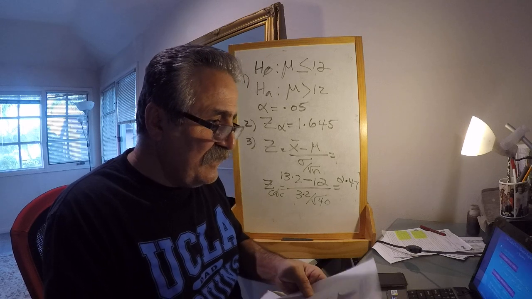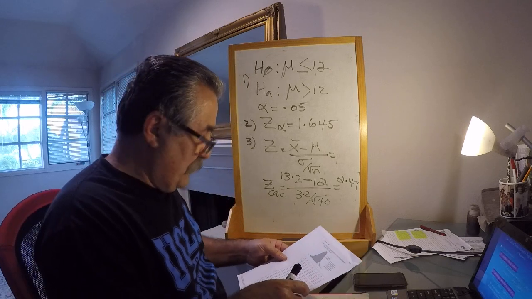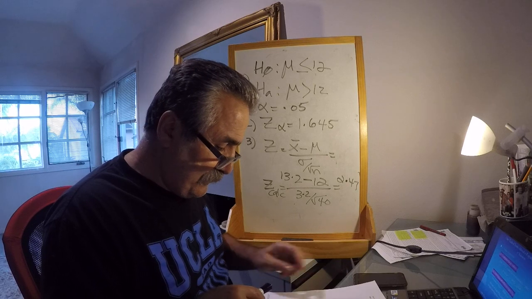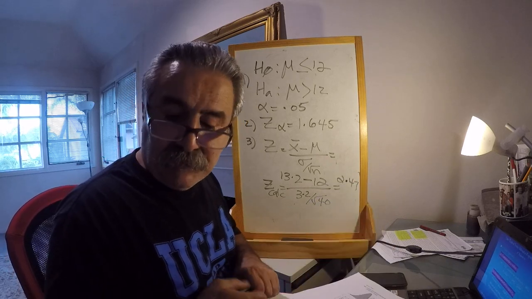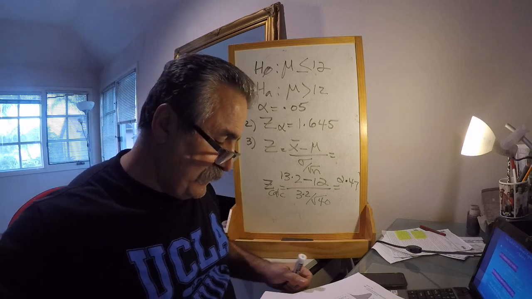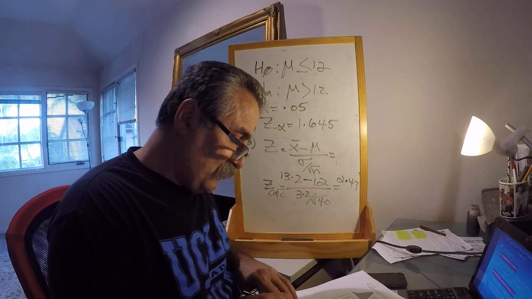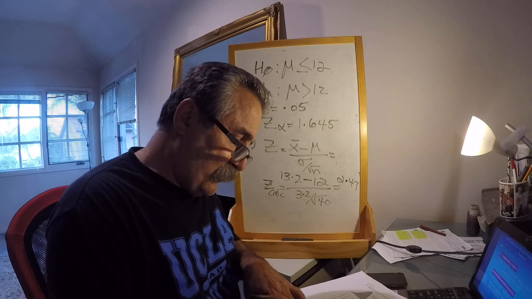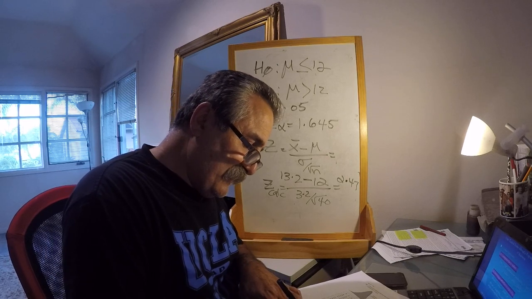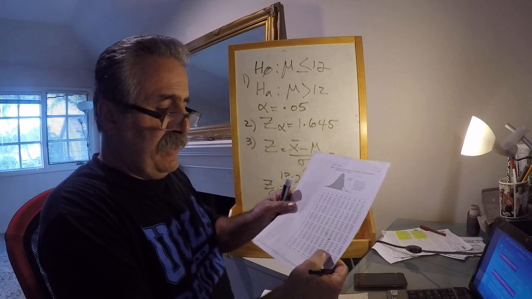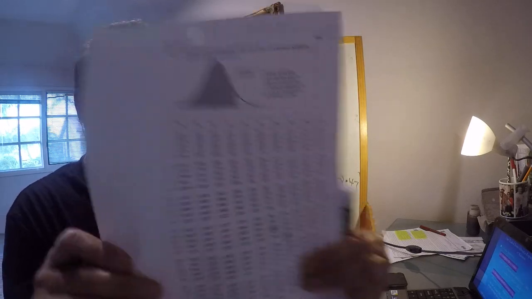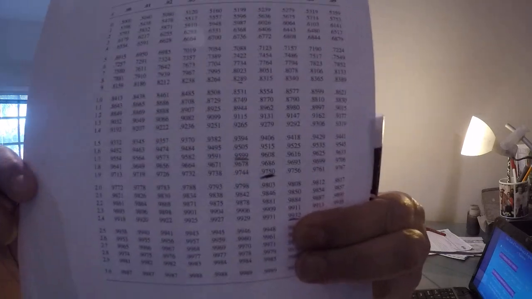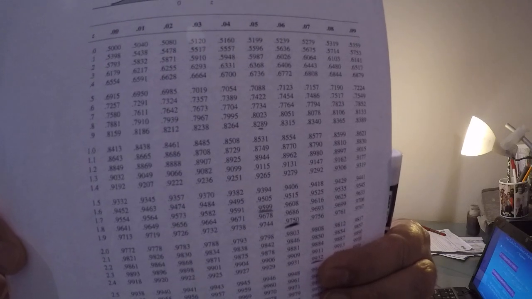This is for 2.47, and 2.47 is going to be 0.9932. It's right there. 0.9932.